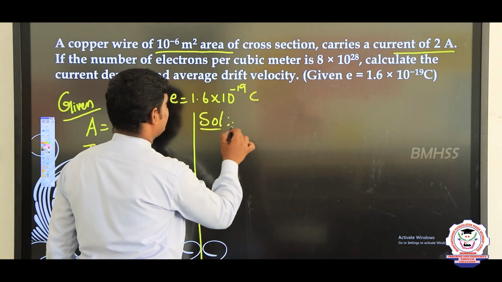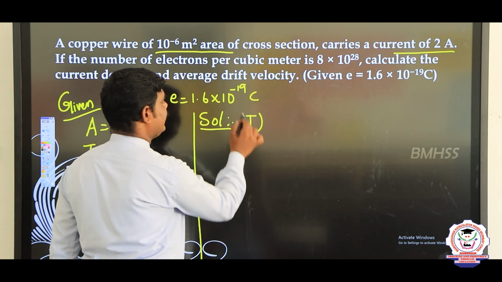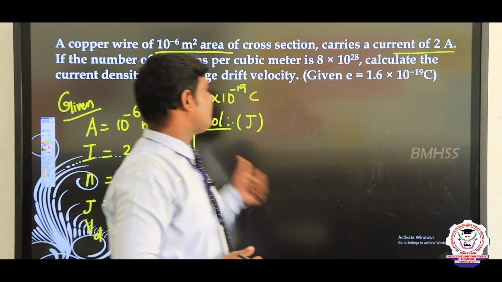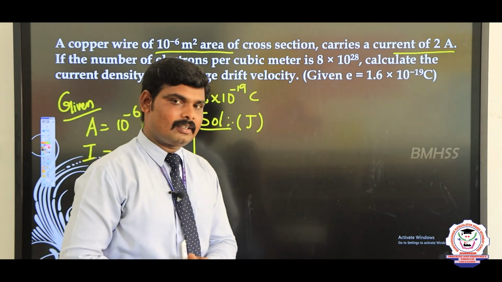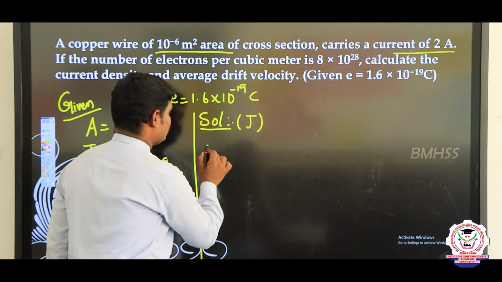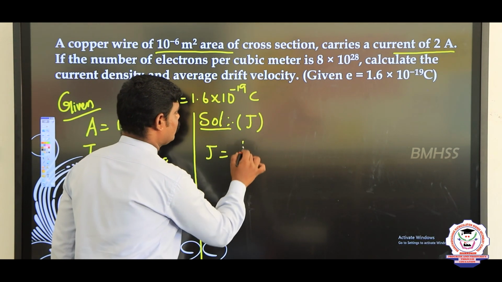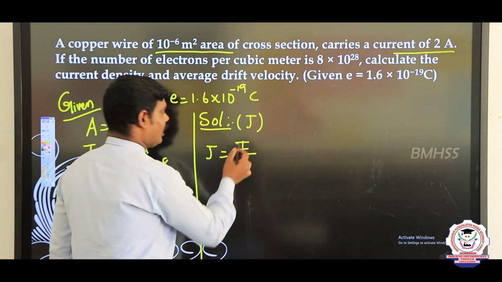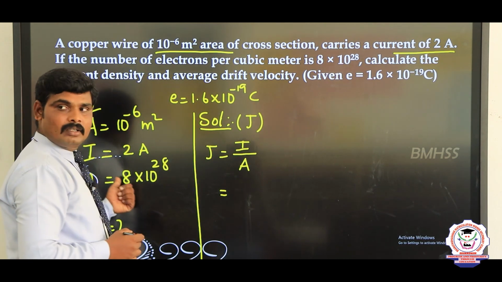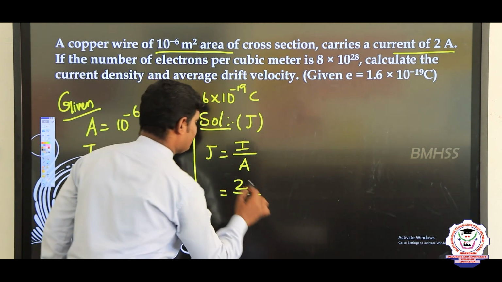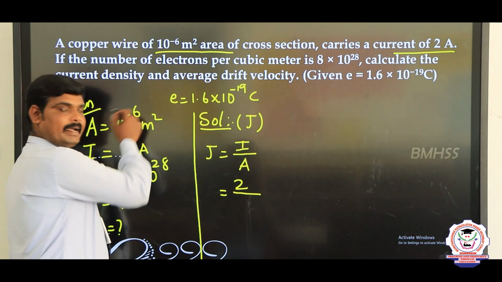First we find J. What is the current density formula in terms of current? J is equal to I by A. Here I is given and area is given. I is equal to 2 ampere divided by area 10 to the power minus 6.